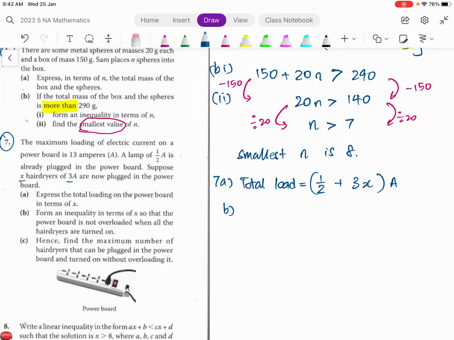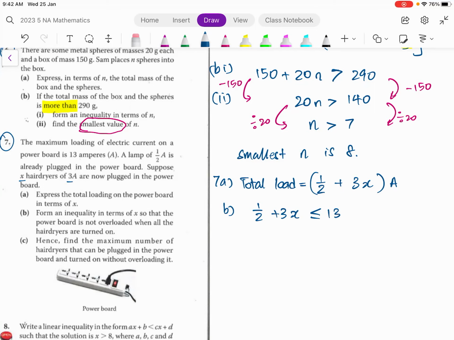Is a range. Less than or equal to 13. You cannot say less than 13 because if you say less than 13, you are excluding 13. You cannot say less than 12.9 because if you say less than 12.9, you are excluding 12.99. So you have to use the correct term, less than or equal to. Okay, so total load half plus 3x less than or equal to 13.